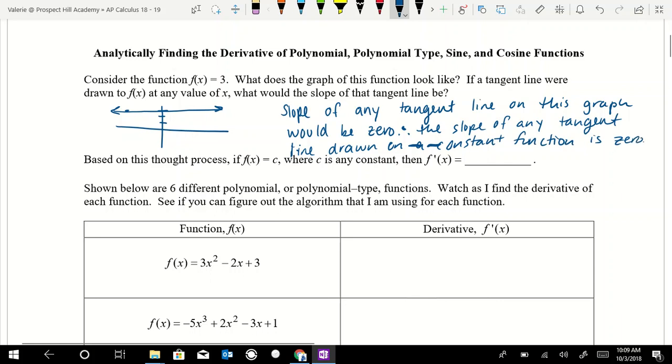So based on this thought process, if f of x equals c, where c is any constant, then f prime of x will equal 0.